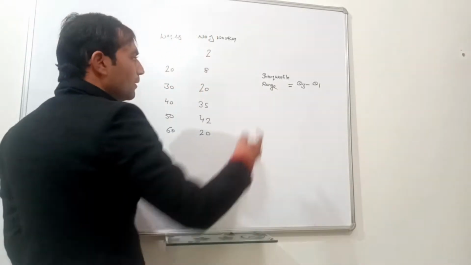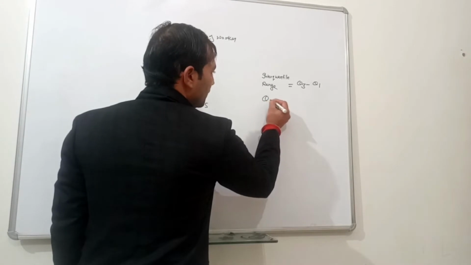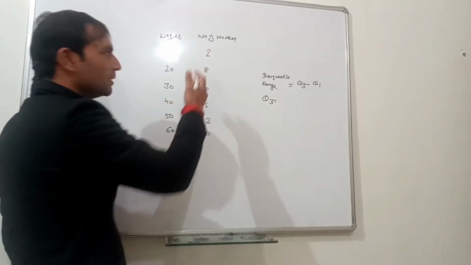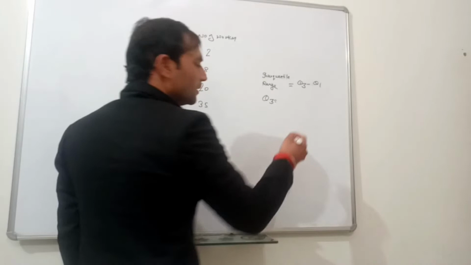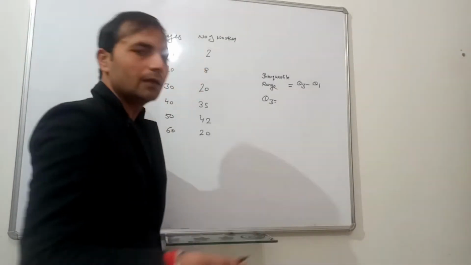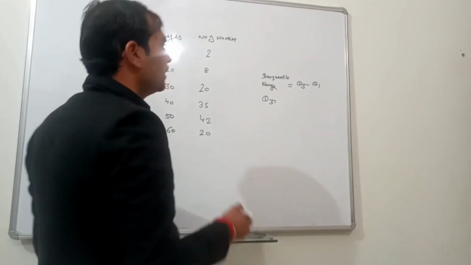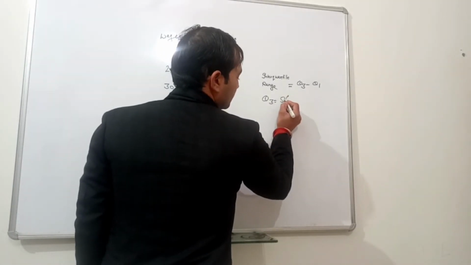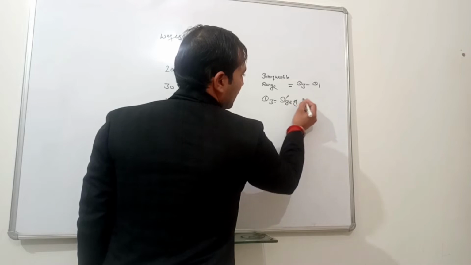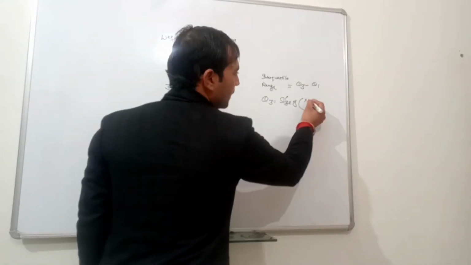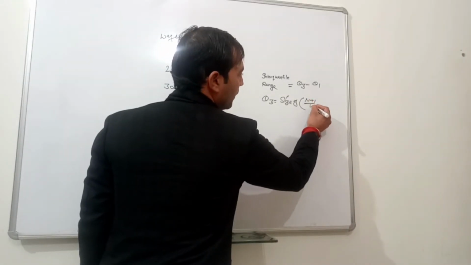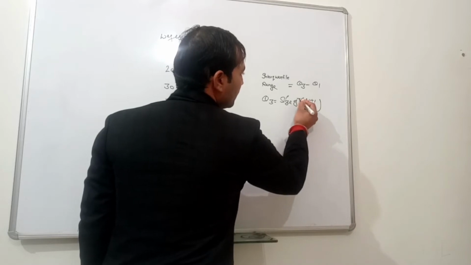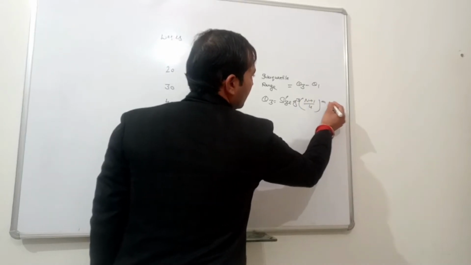First of all we calculate quartile 3. This is a discrete series. In a discrete series, first of all we calculate the size of quartile 3. The formula is (n plus 1) divided by 4 into 3rd item.